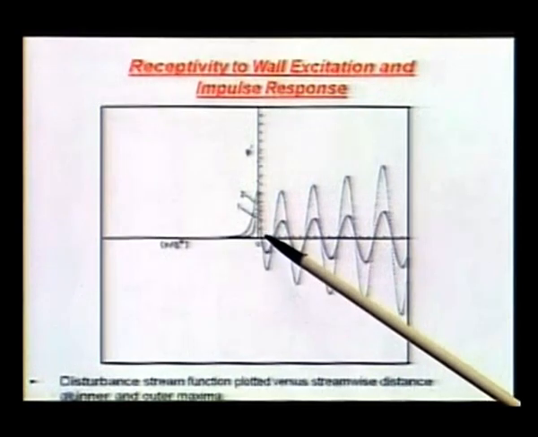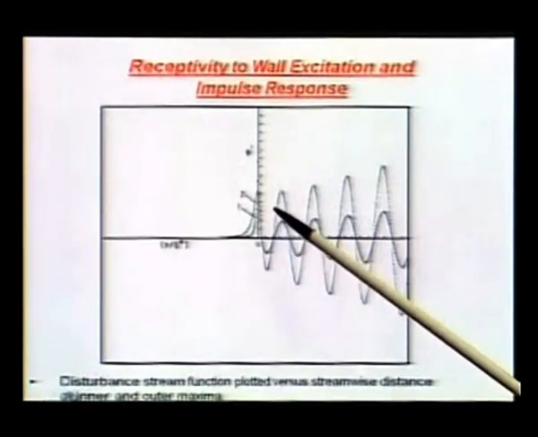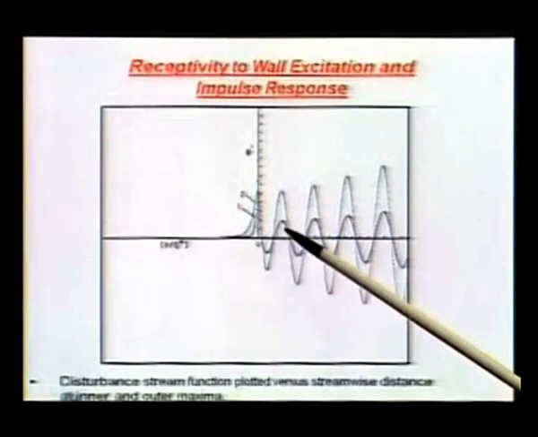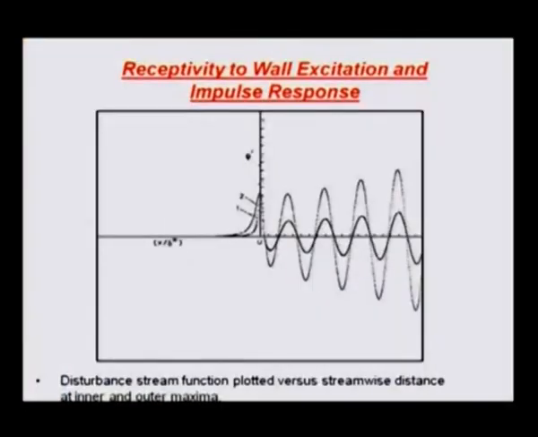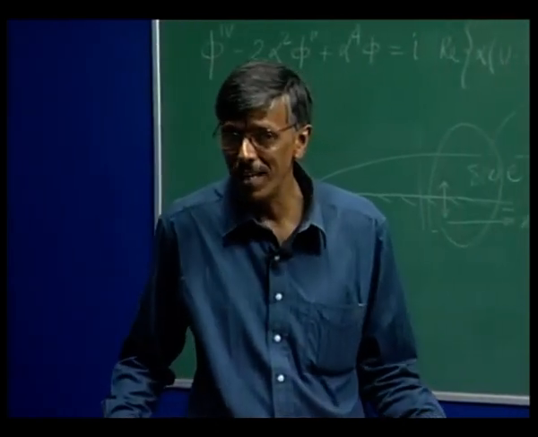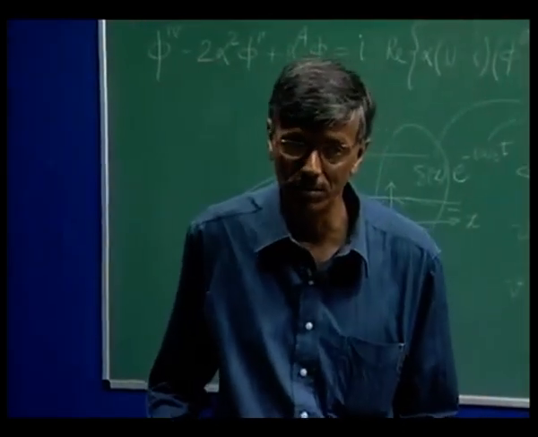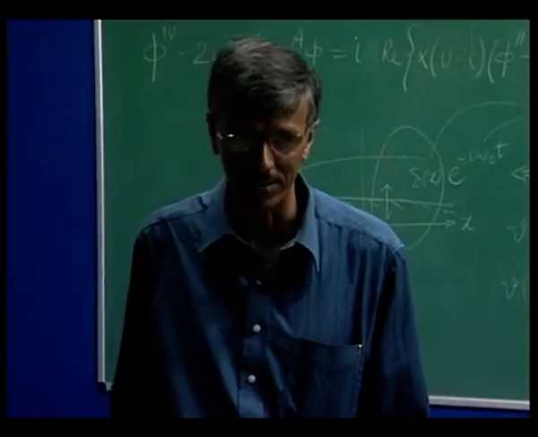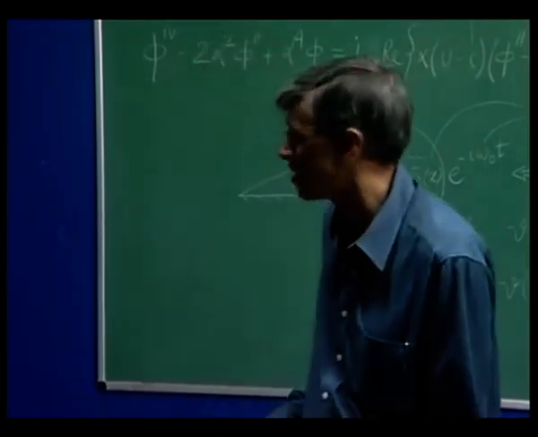Exciter is at the origin. So, the receptivity theory actually tells you what happens in its immediate neighborhood and what happens asymptotically far down. So, stability theory basically tells us what happens far away from the exciter. So, this is something we need to understand.